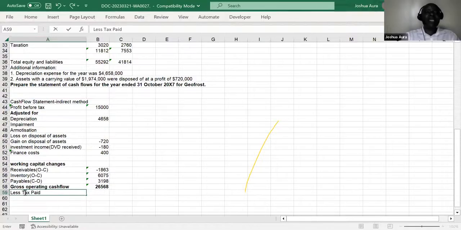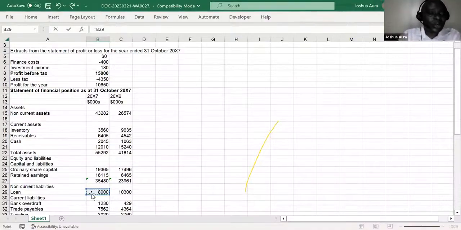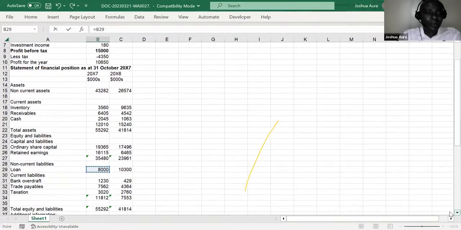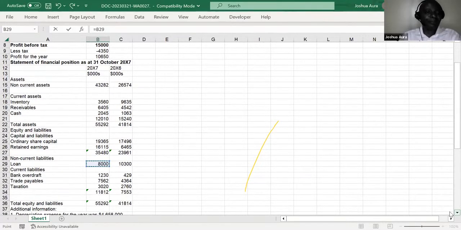Tax paid, remember taxation, when I come and say here, ladies and gentlemen, equals, page up, I go to taxation. I can see taxation is here, under liabilities.